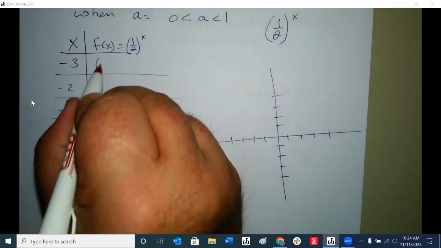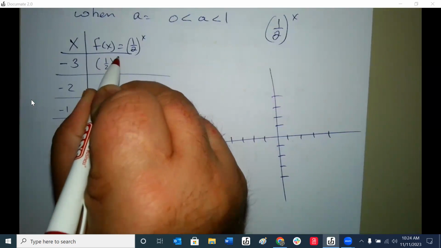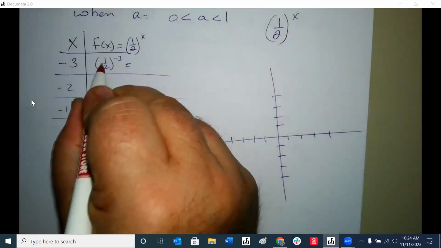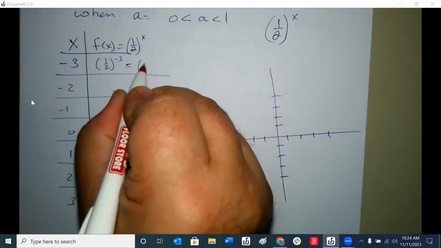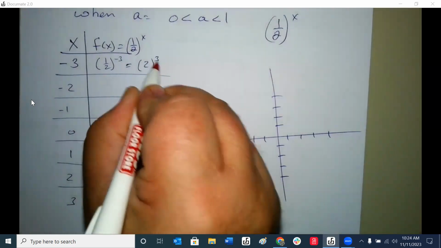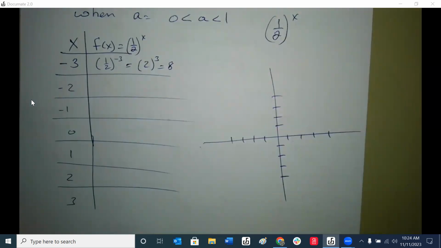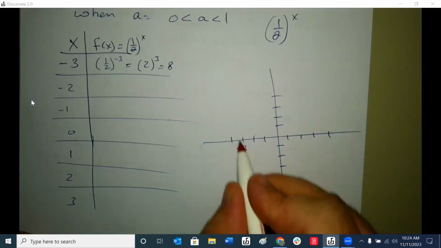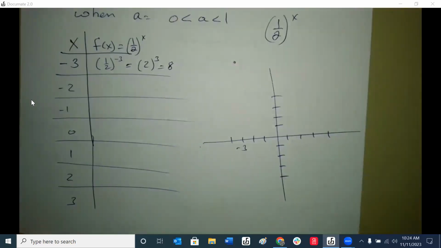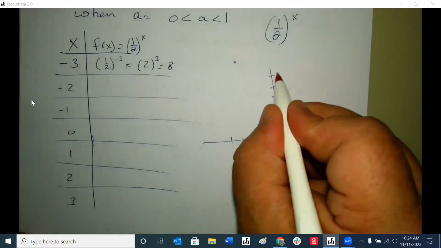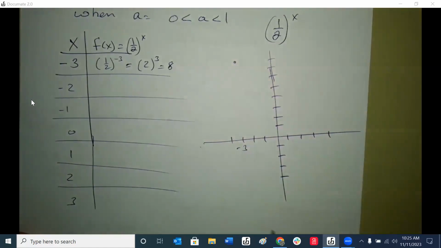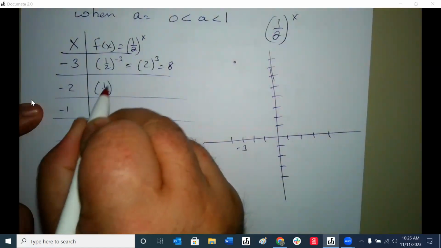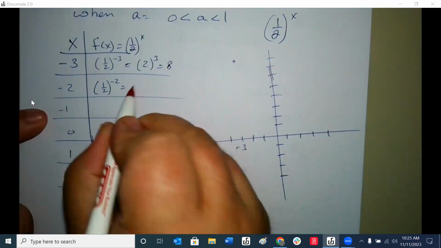So what we have here is 1/2 to the power -3. Negative exponent simply means flip that. So it means 2 and drop the negative, which makes it 8. So at -3, it's 8. It's all the way up here. When x is -2, 1/2 to the power -2.